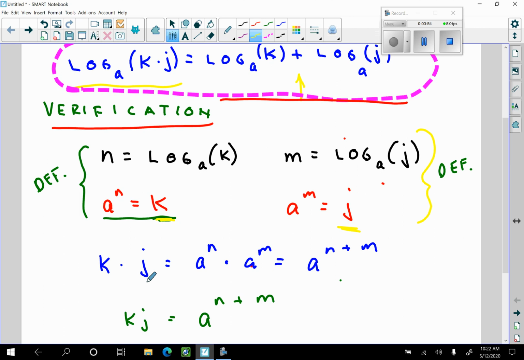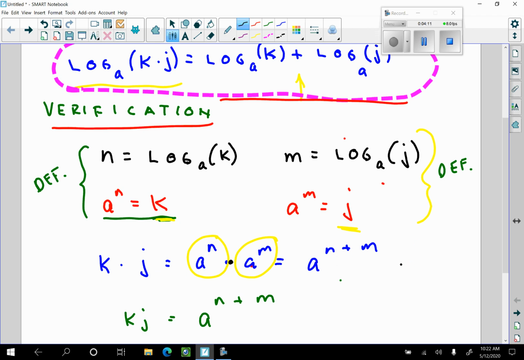And what is k times j? Well, k is equal to a to the n. J is equal to a to the m. And now I'm multiplying like bases. And so k times j is equal to a to the n plus m.